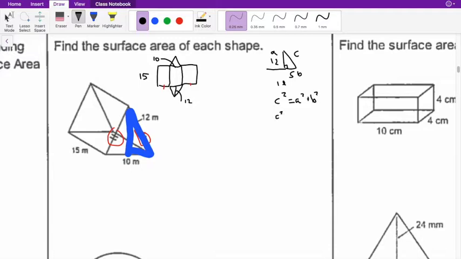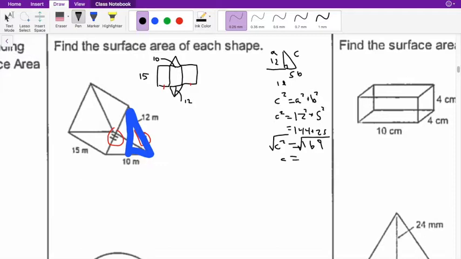So C squared equals 12 squared plus 5 squared, which equals 144 plus 25. And that's going to equal 169. And that's C squared. So now, the opposite of a square is the square root. Square root both sides.